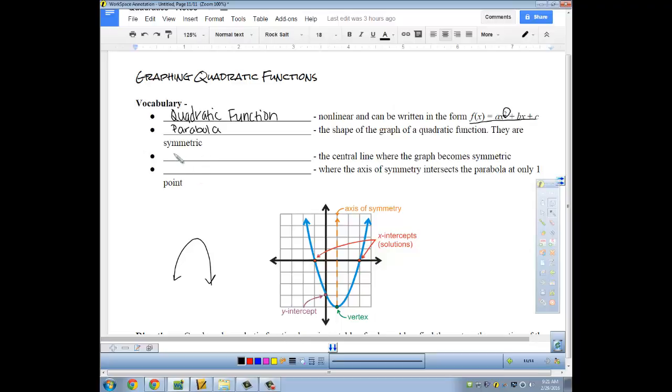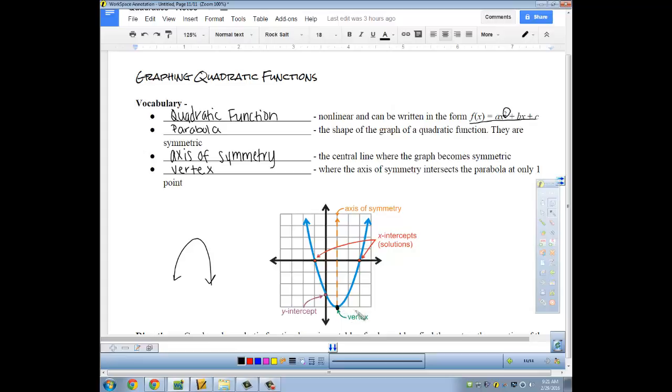So the next vocab word is axis of symmetry. The axis of symmetry is that line I was just pointing out. It's right here. It's the line that cuts the parabola in half. It just goes straight down the middle of the graph. And then last is vertex. We've talked about vertex before with shapes, but vertex is just the point of the graph.